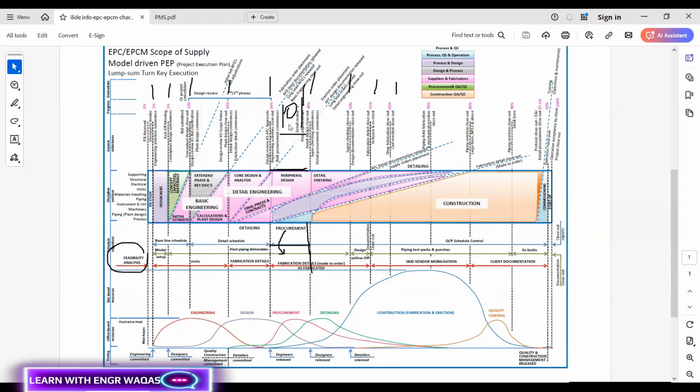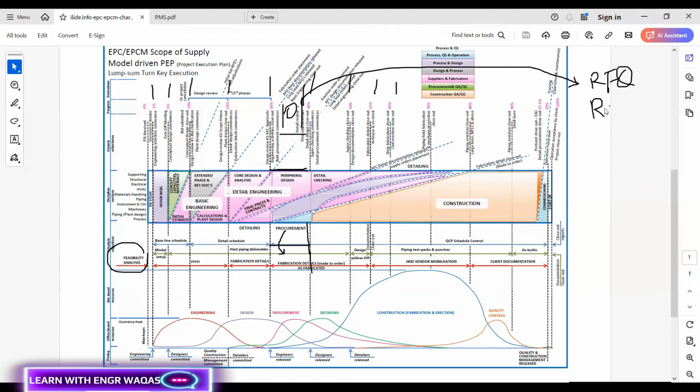So this 10% will be divided into activities which will help to understand the process. Let's say for long lead items, we need to make an RFQ, request for quotation, or RFI or RFP, request for proposal, depending on your project. Then you need to make the inquiry, receive bids.